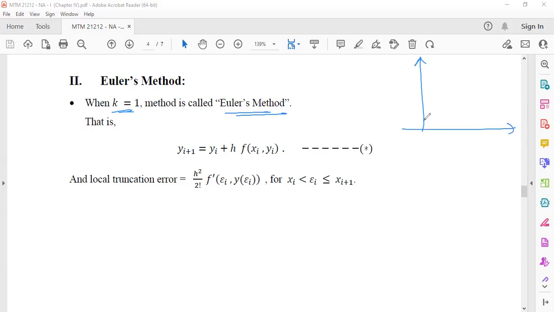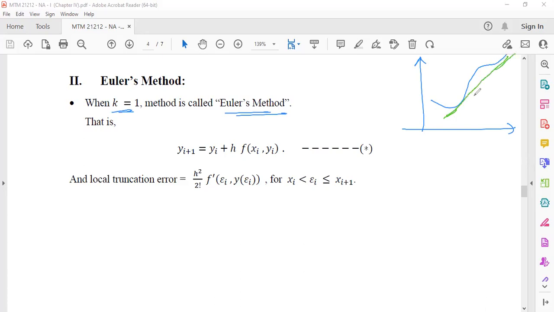Let's say this is my function, and this is my approximation. I'll use another color. Let's say I have an approximated line.